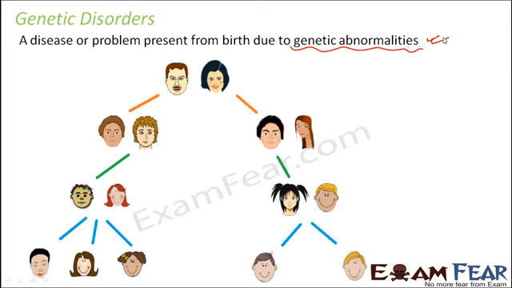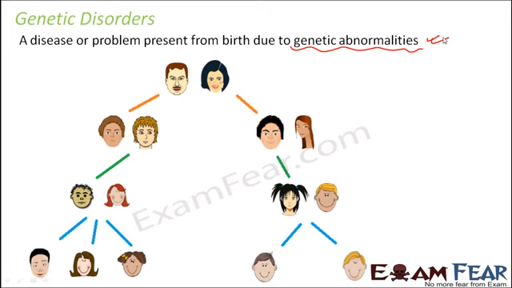Hope you understand why it is so important to study genetic disorders, because this is not in our hands. We cannot control the way cell division takes place, the way DNA duplicates itself. So we cannot control all these errors. But what we can do is try to prevent genetic disorders, by studying about them.